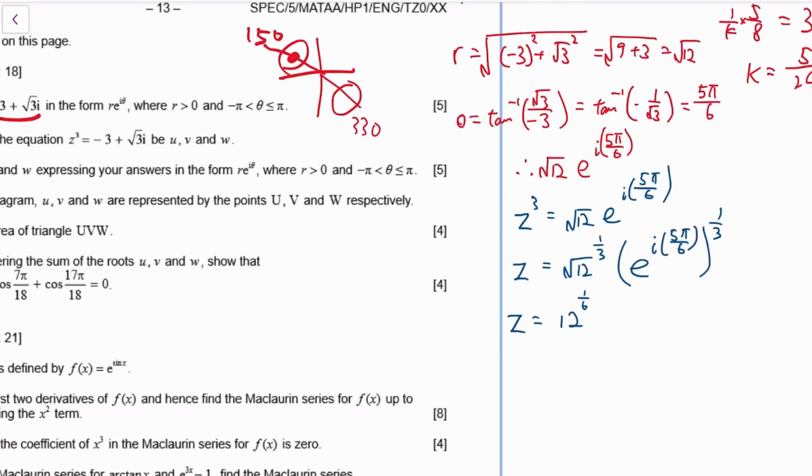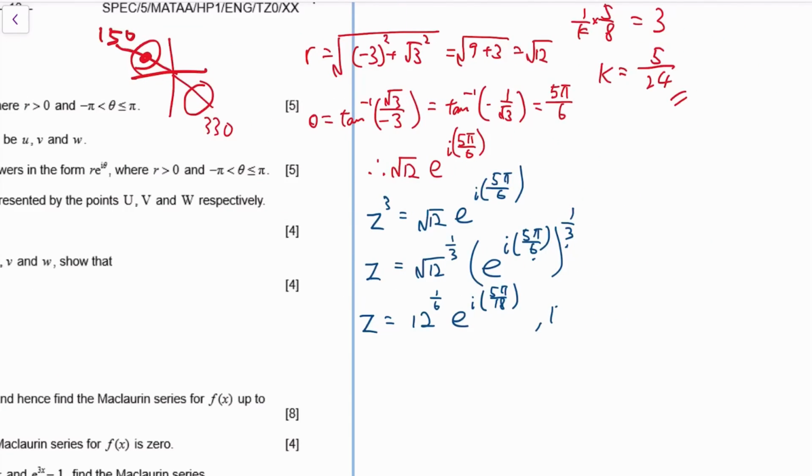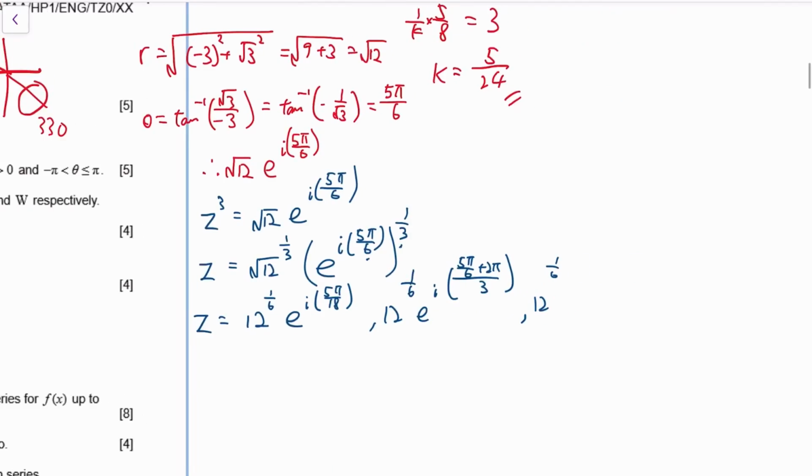The other one would be the e^(i) part, you also multiply them. That's like 5 pi over 18. That's the first one. The second one would be 5 pi over 6 plus 2 pi and then times 1/3. The third one would be 5 pi over 6 plus 4 pi and then times 1/3.